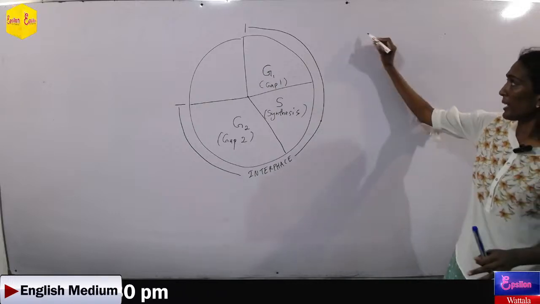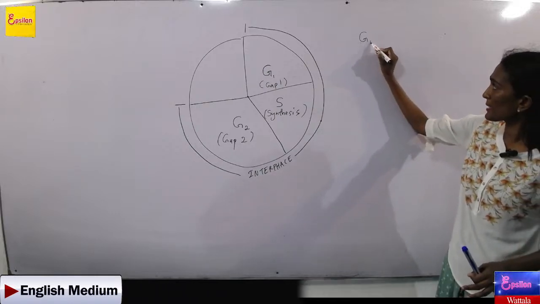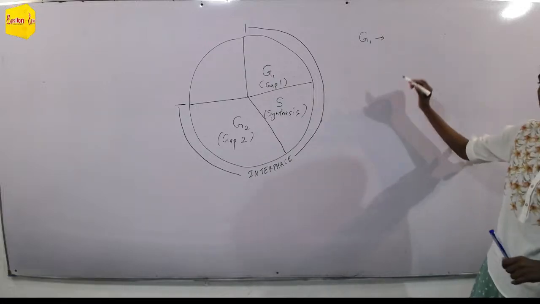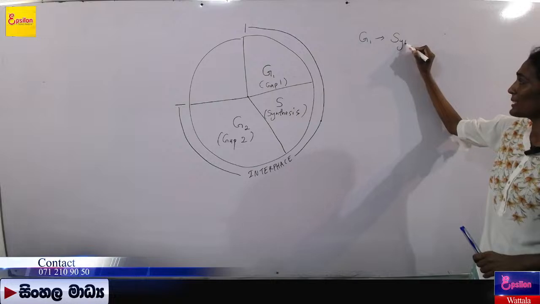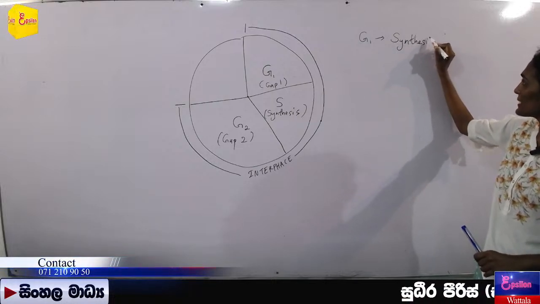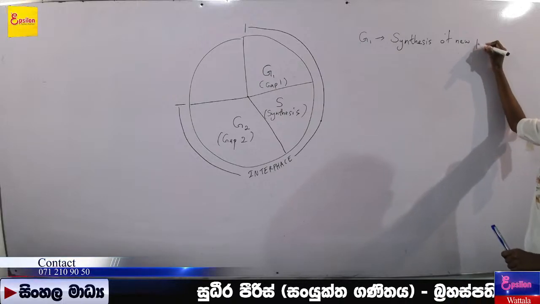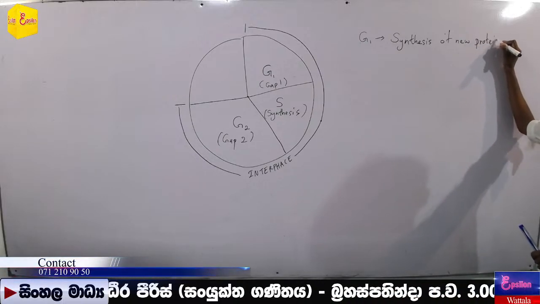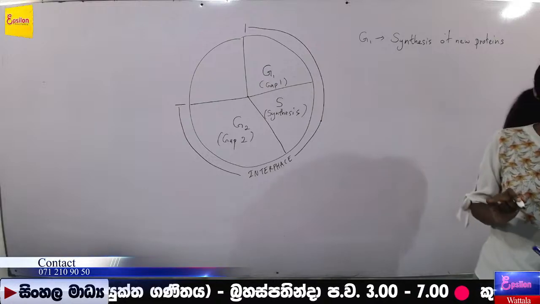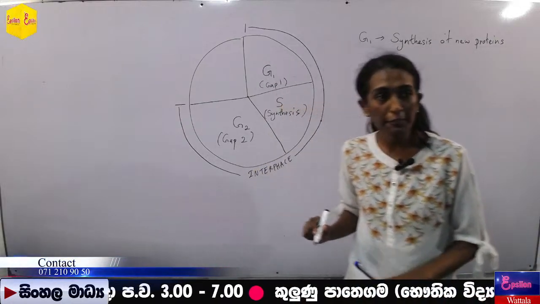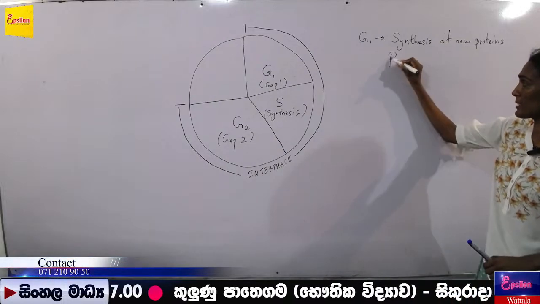Right. So the G1 phase. What are the things happening here? Synthesis of new proteins and what else? Production of new cellular organelles.